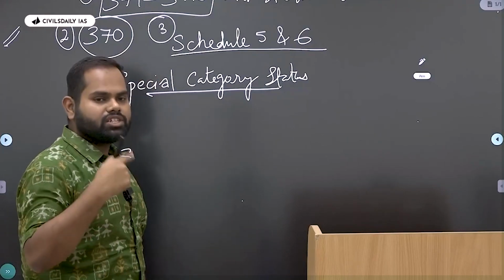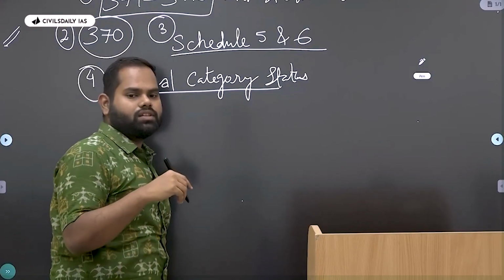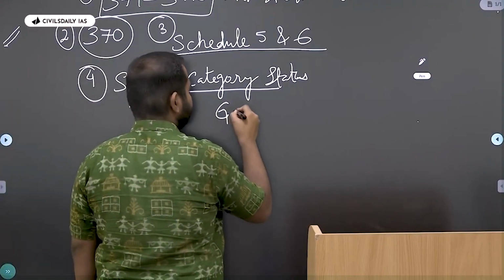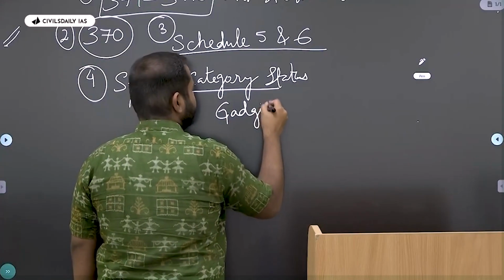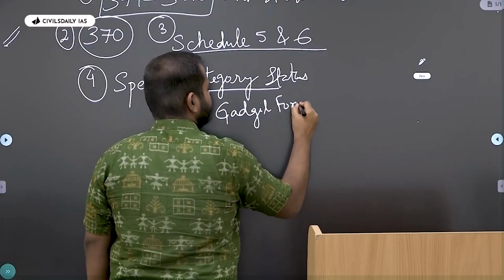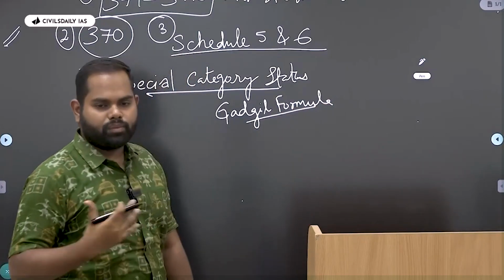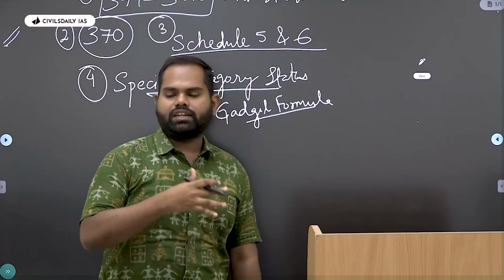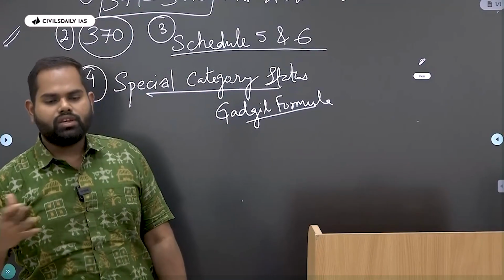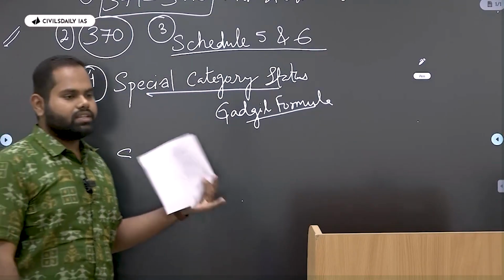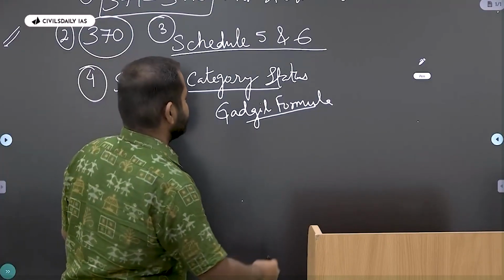No, it initially started with the National Development Council, and then there's the Gadgil formula also. That takes into account hilly terrains, economic backwardness, whether it borders any boundary, sea coast, and a couple of other factors that determine special category status or not.